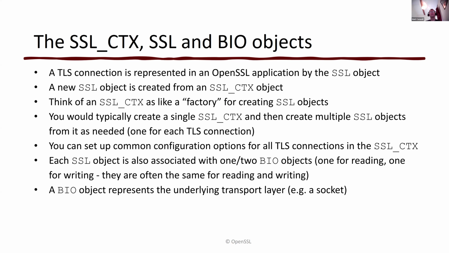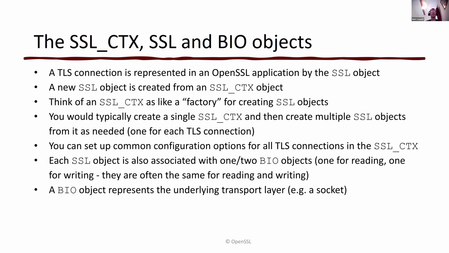Okay, so in order to write our TLS client application, we're going to have to use some objects that the OpenSSL library provides to us. The most important one of those is the SSL object, and the SSL object represents a TLS connection in an application.